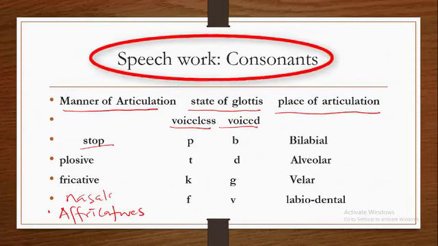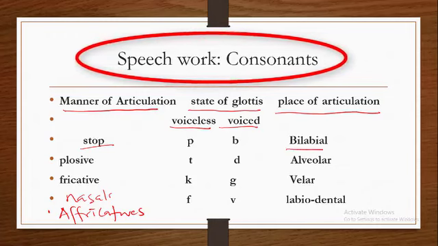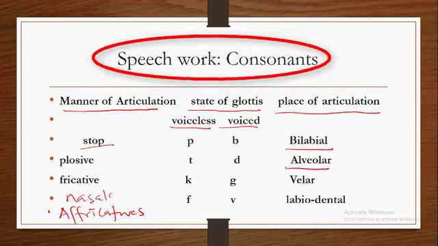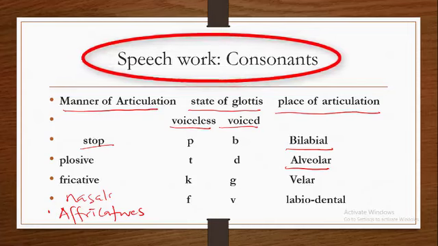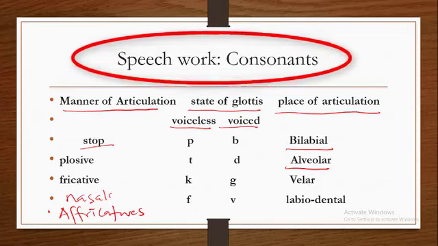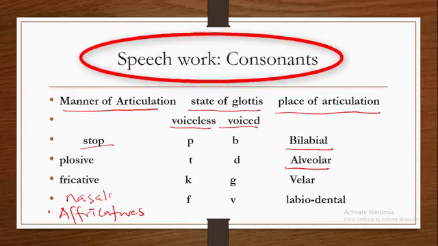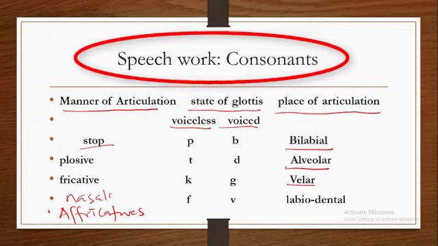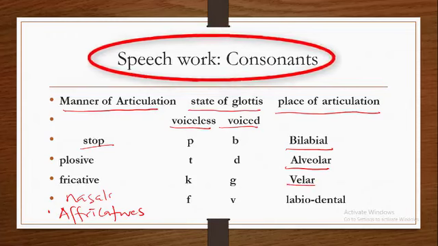Okay, then we have the place of articulation. Under that, we have what you call the bilabial, involving the two lips. We have the alveolar, which is a part of the mouth towards the back. We have what we call the alveolar ridge. Then we have what is called the velar, or velum in singular, which is the softest part of the palate.